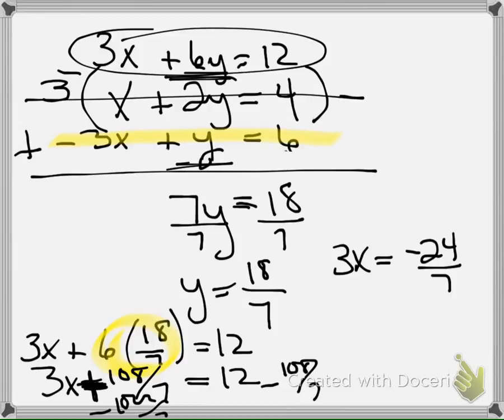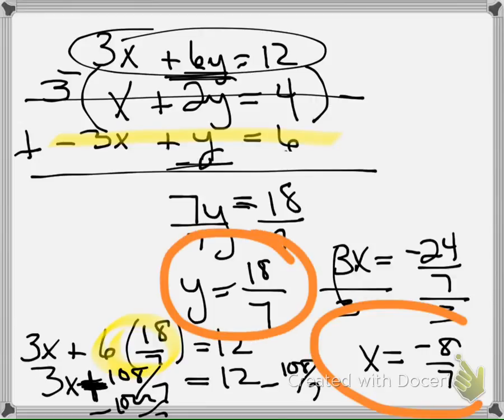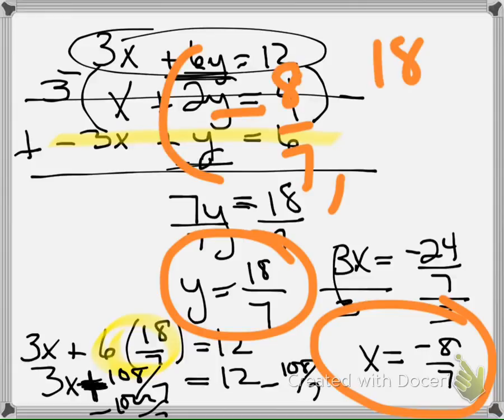Now what? Divide both sides by 3. Negative 8 over 7. I have my two pieces now. There's the y, there's the x. So it's a point. Yep, there's your point: negative 8 over 7, 18 over 7.